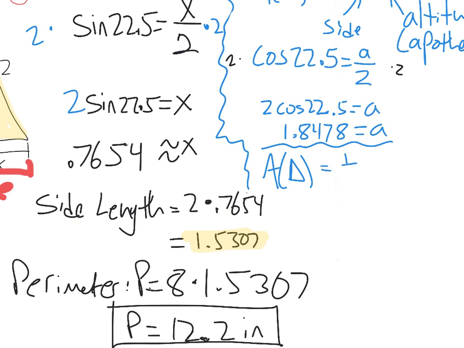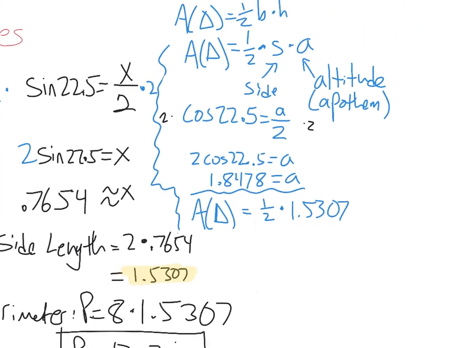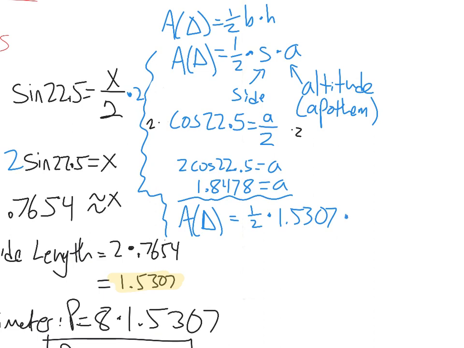So we have 1/2 times the side length, 1.5307, times the altitude, or the apothem, which we just found, 1.8478. Okay, so if we multiply those up, we get about 1.414 there.